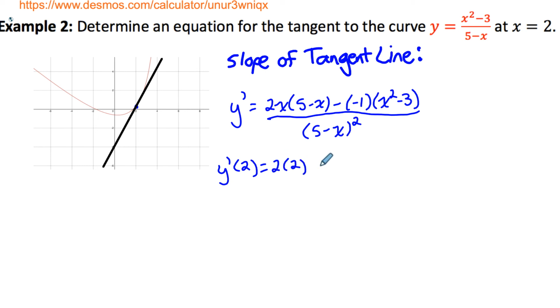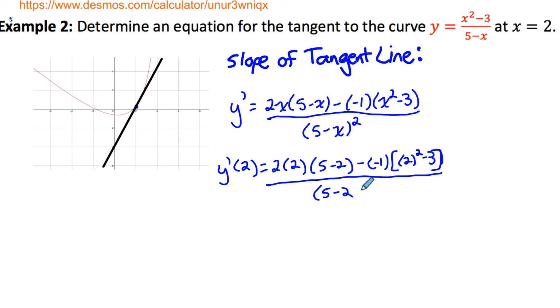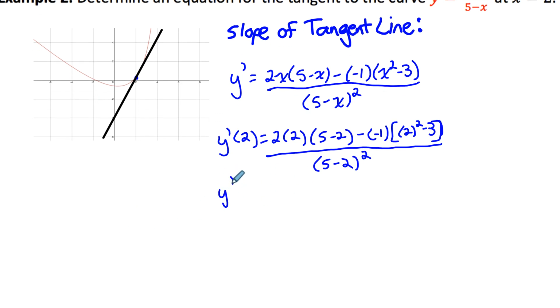So I've got 2 times 2 times 5 minus 2, minus negative 1 times 2 squared minus 3, all over 5 minus 2 squared. So I have 4 times 3, that's 12, plus 1 times 1, so that's just plus 1, over 9.